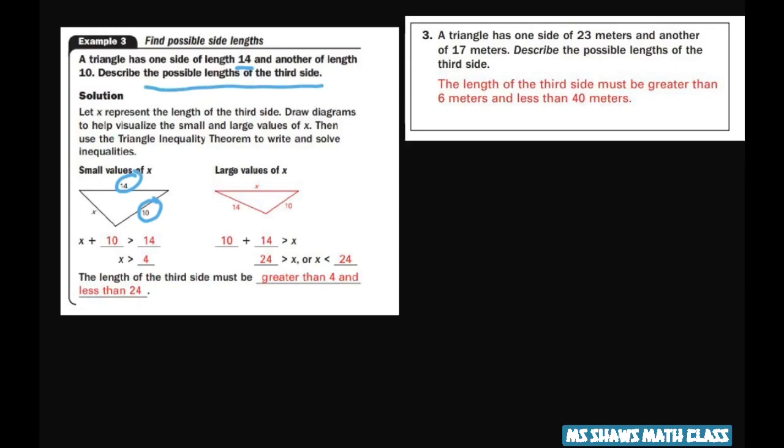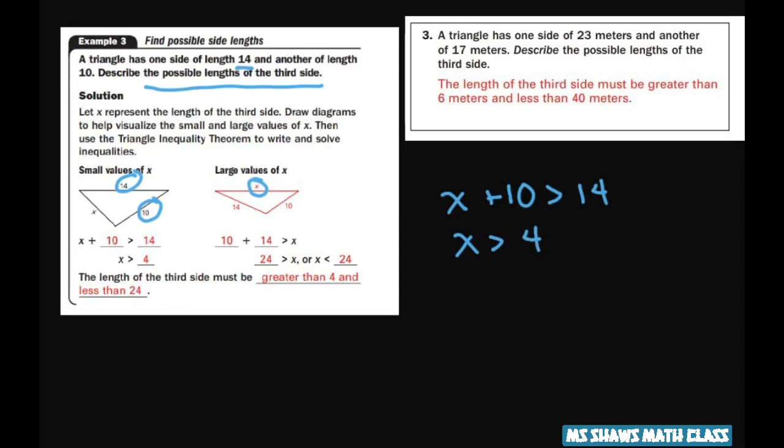So basically, we want x plus 10 to be greater than 14. So you just add the sides and it has to be greater than the other side. Okay, so x has to be greater than 4.